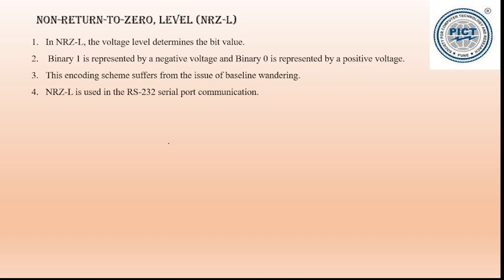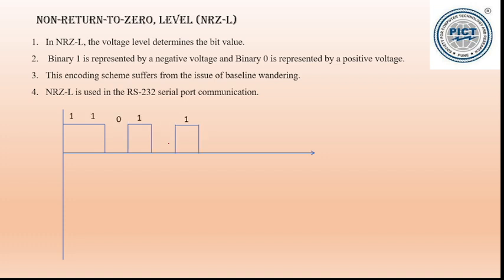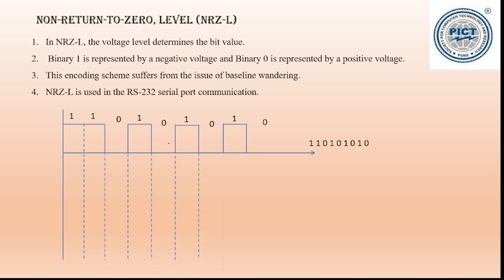First, let us draw the bit pattern that we want to transfer from the transmitting end, and then we'll represent it in the form of non-return to 0 L, that is NRZ-L. So this is the bit pattern that we want to transfer from the transmitting end. Let's draw the propagation lines for it. So these are the propagation lines we have drawn.